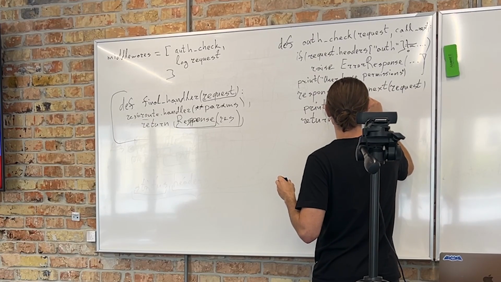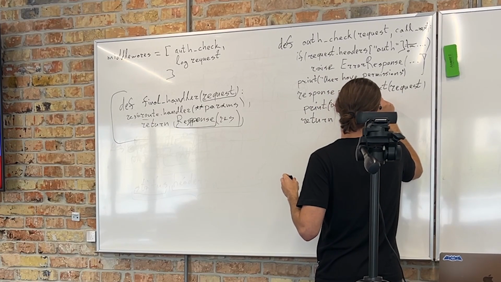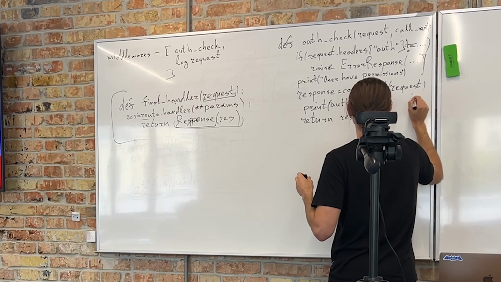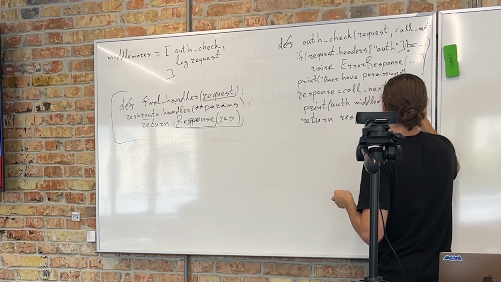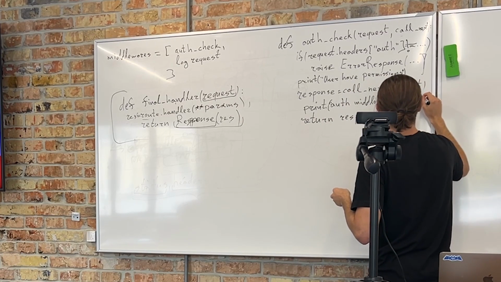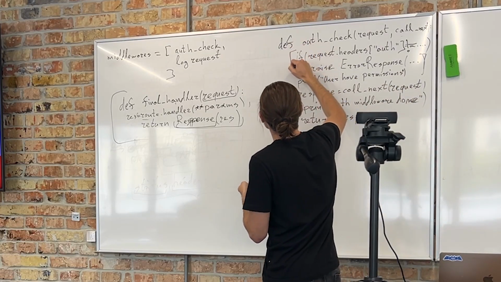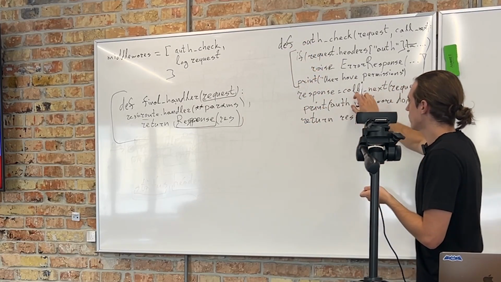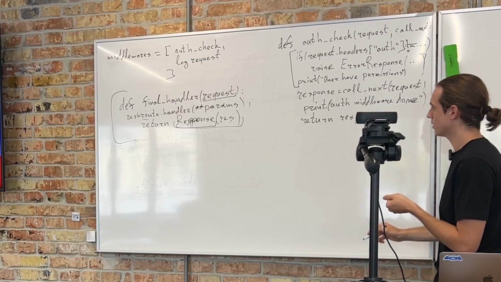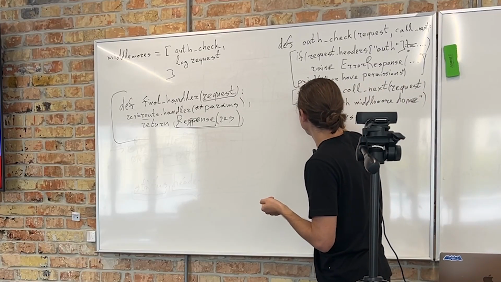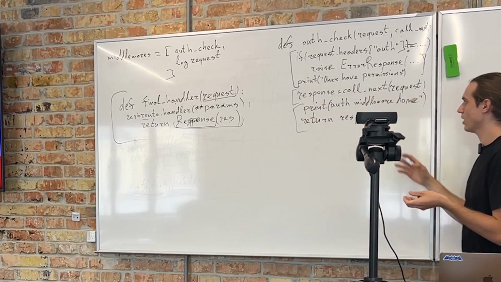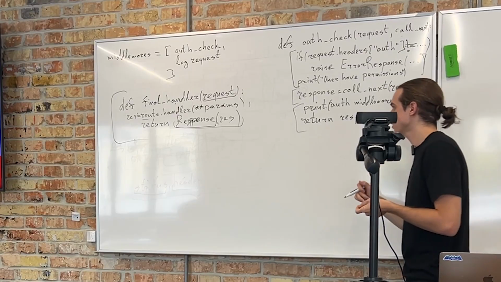For example, we will print auth middleware done. So you can see we have three blocks: the pre call_next execution block, then the call_next execution, and then the post call_next execution. Three stages.